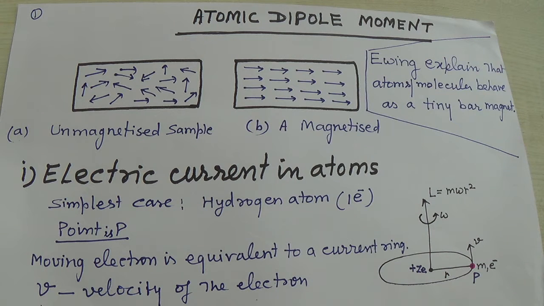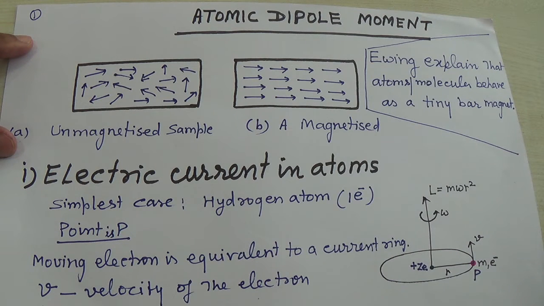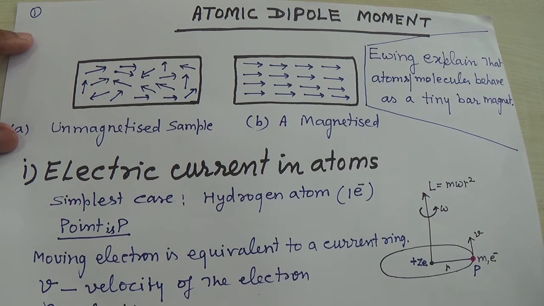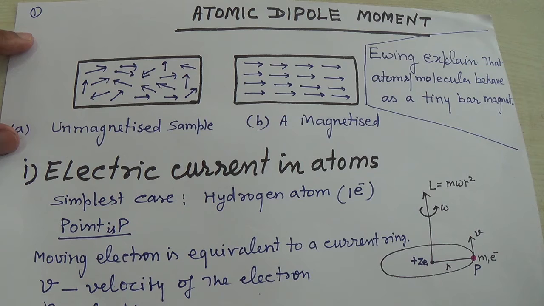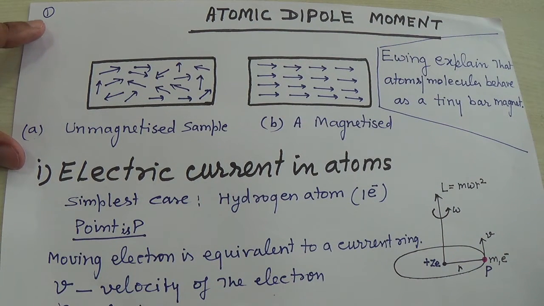I have to explain in this lecture the intensity of magnetization of a substance. What is that? For that, the first step is a basic understanding of the atomic dipole moment. What is the atomic dipole moment?